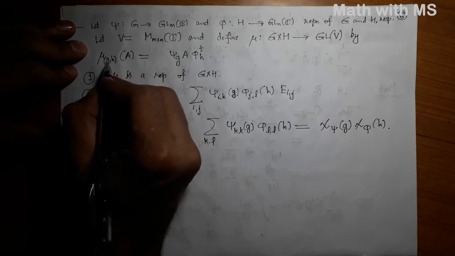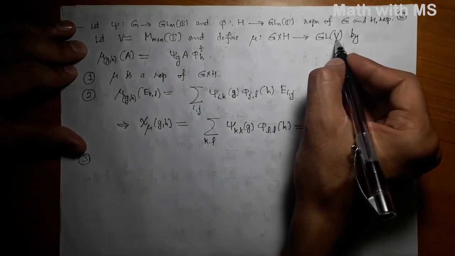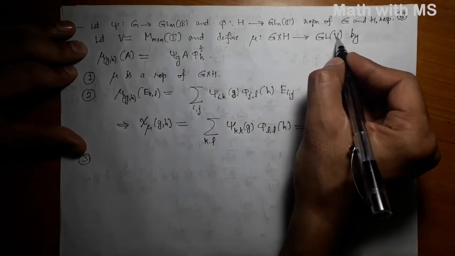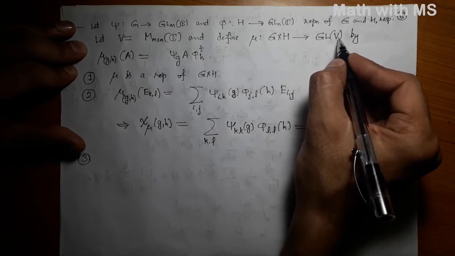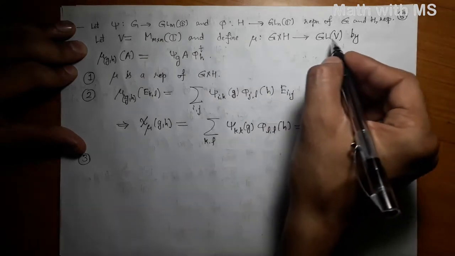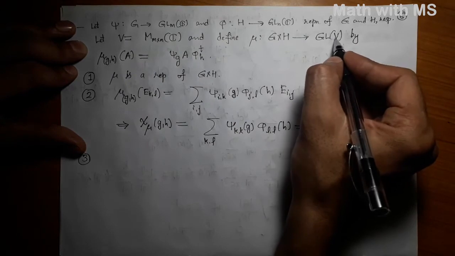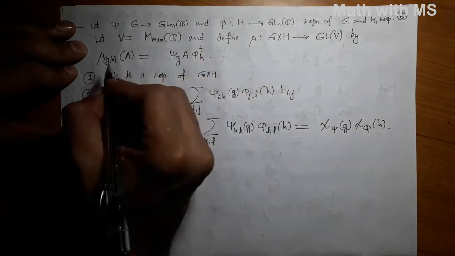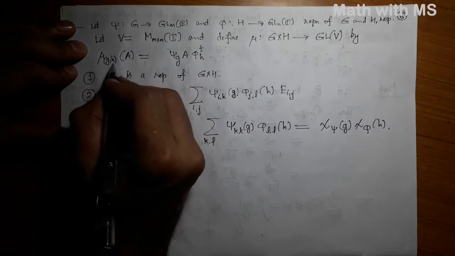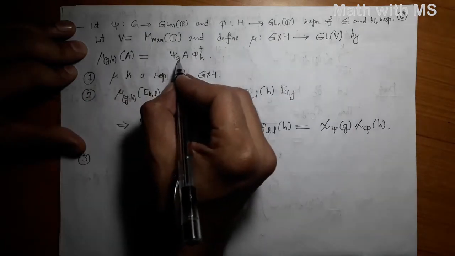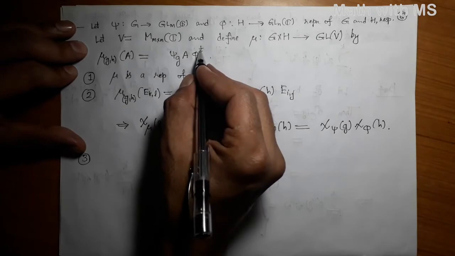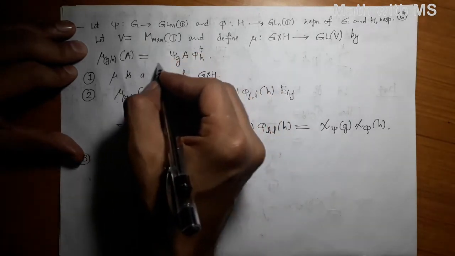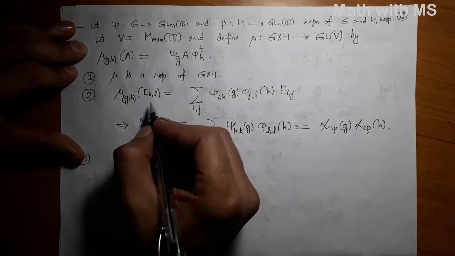So mu of (G,H) is an invertible linear transformation of the vector space V, and how it acts on a vector of V, which is an m by n matrix A, we define as follows: mu of (G,H) acting on A is psi(G) A phi(H) transpose. You can check that it makes sense, and this is again an element of V.